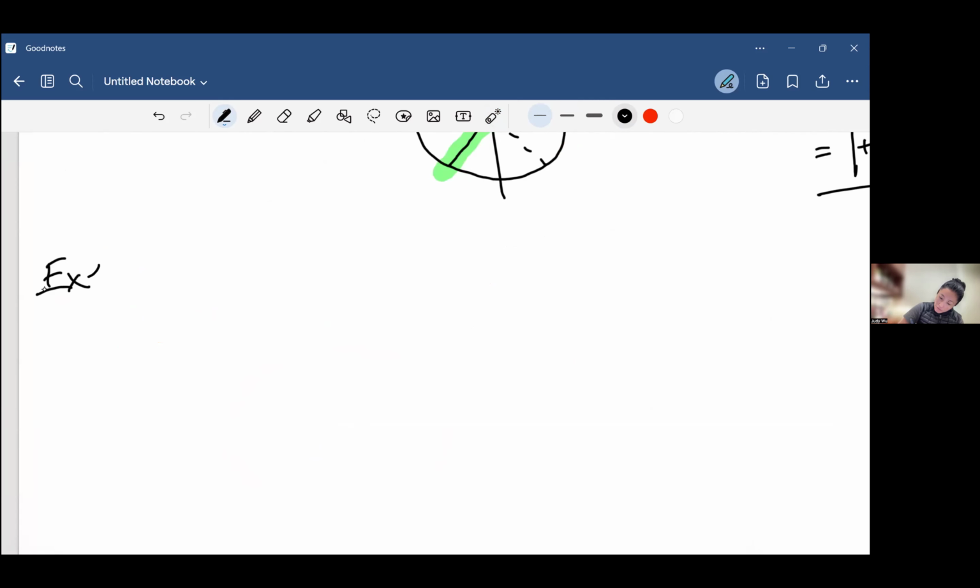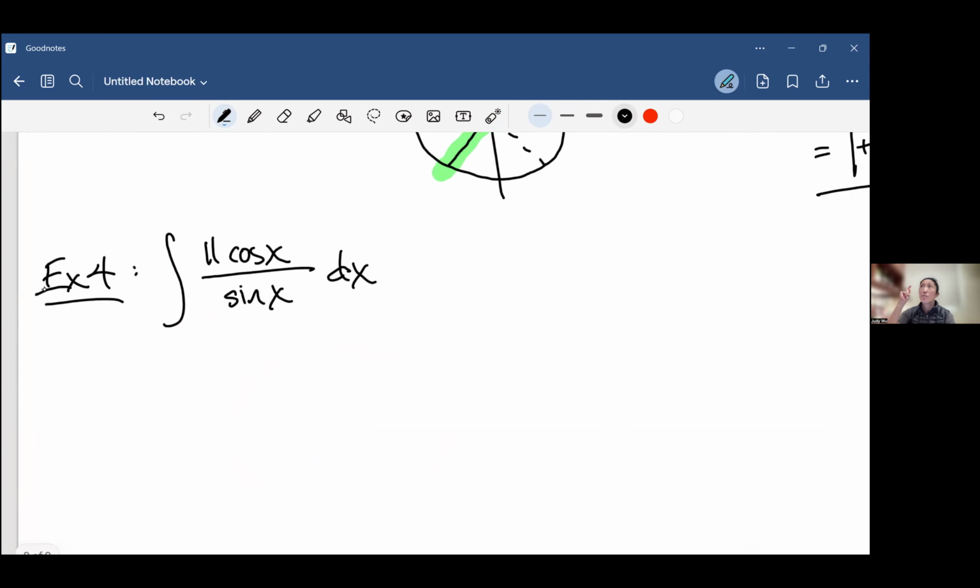Okay, so example 4. I'm going to take the integral of 11 cosine x over sine x dx. Right? Now, again, this looks kind of complicated, but before we go jumping to all those other rules that we learned, like integration by parts and partial fraction decomposition, let's try u substitution. Okay.